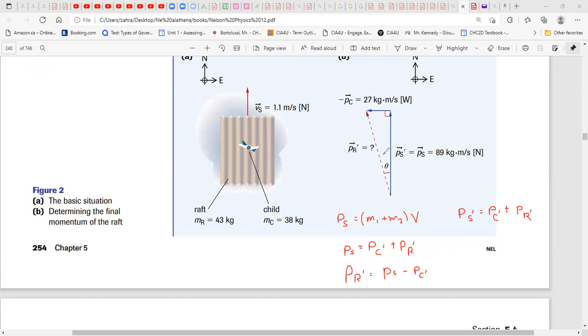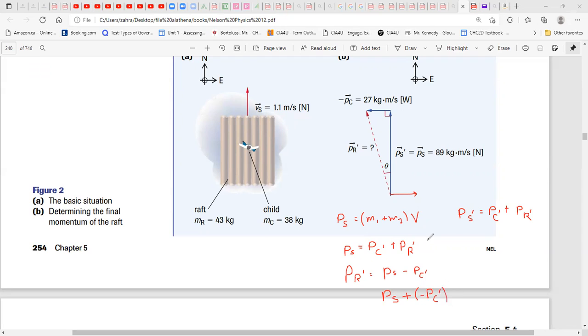As you see in this picture, P of S, which is the child and raft, is moving north. And then, of course, the child is moving east. But since I want to subtract these two, they are vectors, right? So it's going to be P of S plus negative PC prime.